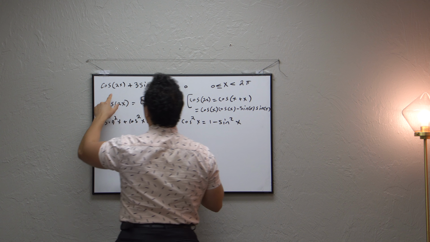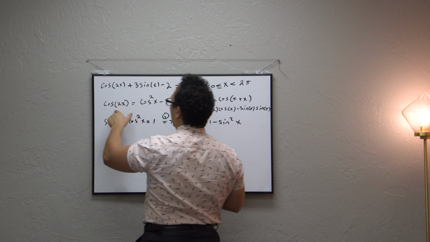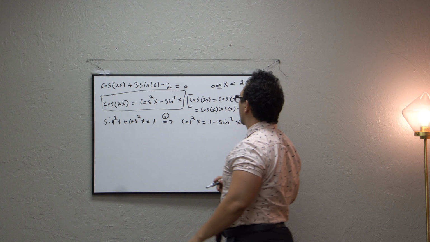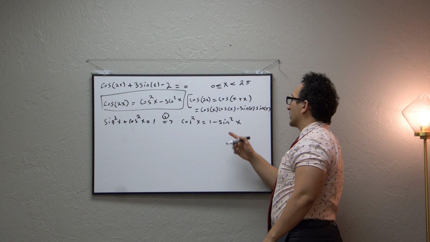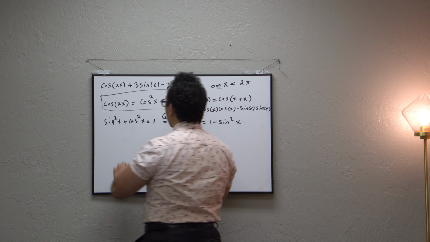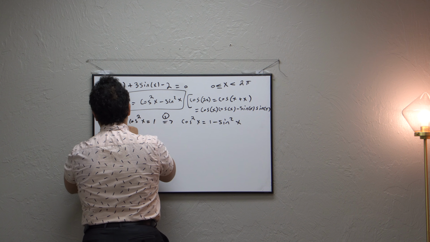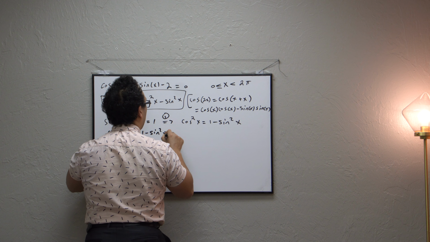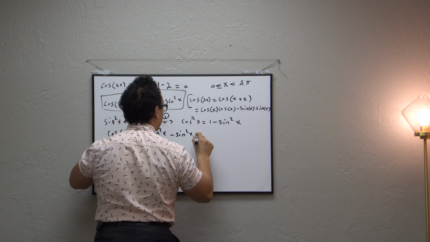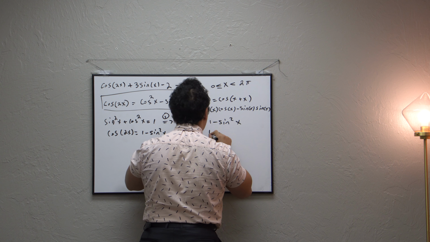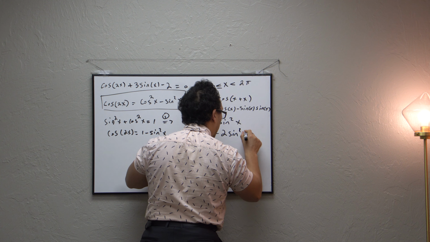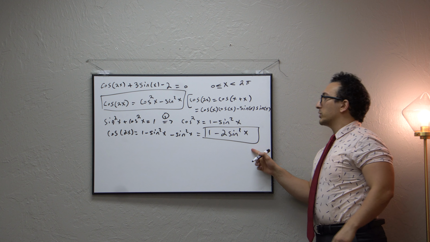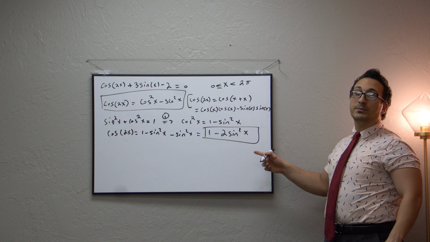And notice that plugging that into this equation right here for our cosine of 2x, if we replace cosine squared x with 1 minus sine squared x, we get cosine of 2x is equal to 1 minus sine squared x minus sine squared x. Notice that this breaks down to 1 minus 2 sine squared x. So this is another formulation for cosine of 2x.